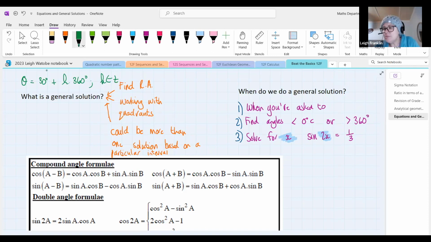So let's break it down into the relevant bits and pieces. And the first thing that I want to talk about is what does this K mean? Why does every general solution have a plus K times 360 or plus K times 180? What does that bit mean for us?